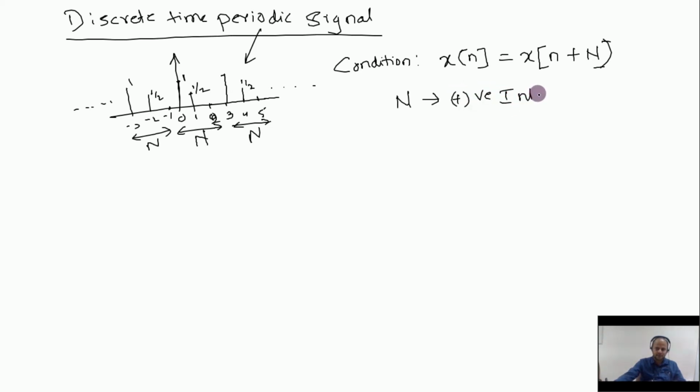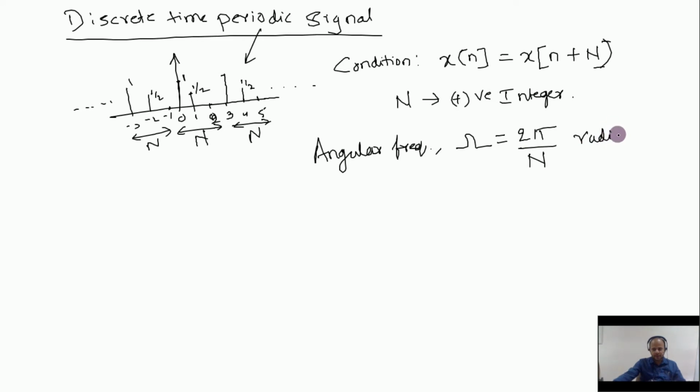For an aperiodic signal, it will never repeat again. And here the angular frequency is denoted by a small omega, which is 2 pi by capital N, in radians. The SI unit used to denote it is radians.